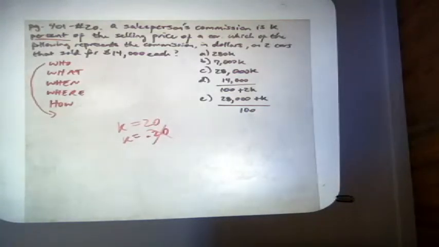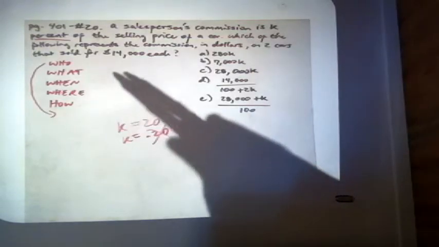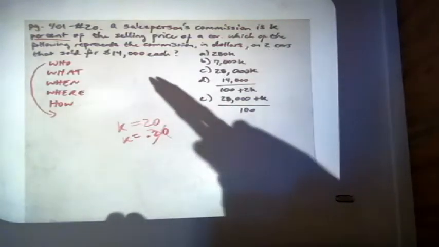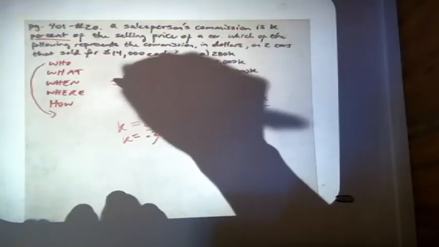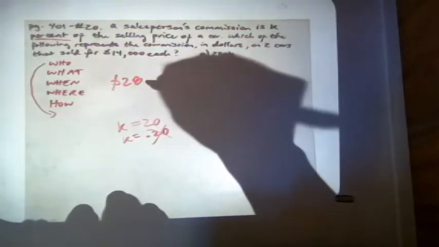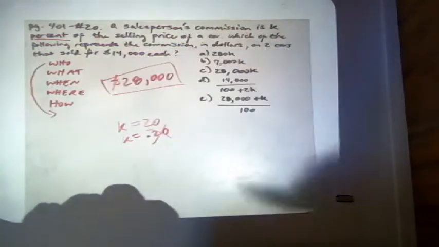Notice, if K represents a percent, does it make sense that the person would get a commission that is over and above how much the cars are even worth? Notice that if the salesperson sells 2 cars for $14,000 each, the salesperson is actually selling $28,000 worth of cars, right?